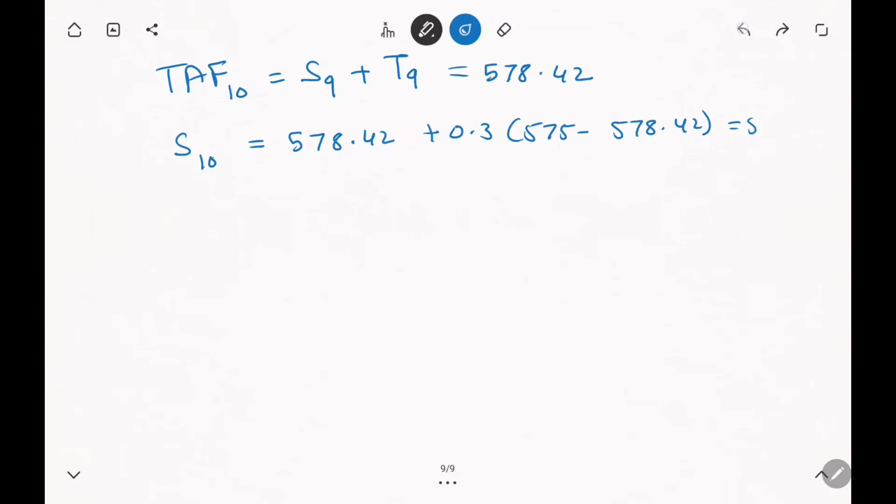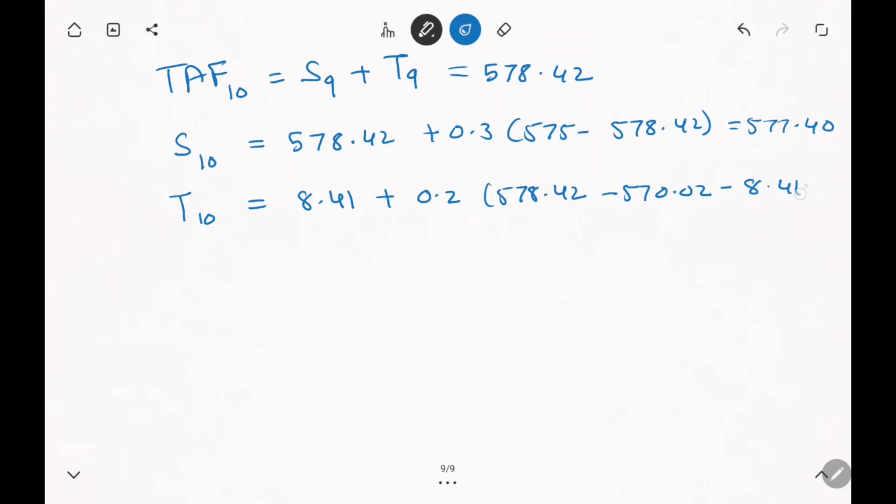So this gives us 577.40, and next we will update the trend, which is 8.41 plus 0.2 times 578.42 minus 570.02 minus 8.41. So it is almost exactly the same. The trend remains the same. So this tells us that the model believes the slope has stabilized now.